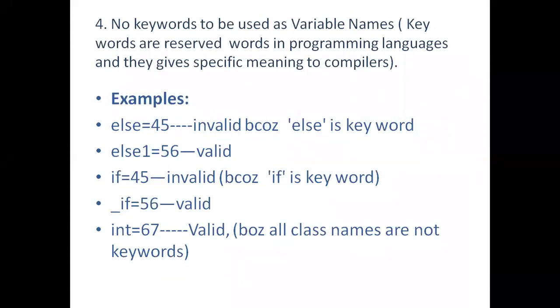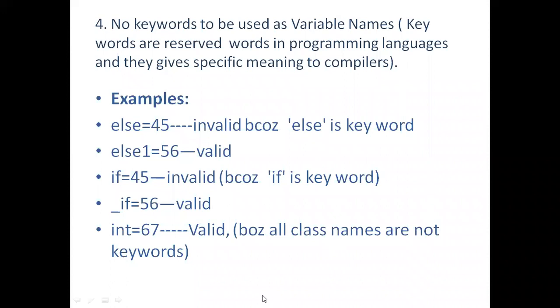Now, no keywords are to be used as variable names. No keywords like else and all. Keywords are reserved words in programming languages and they give a specific meaning to the compiler. That is why we can't use them. Let's go back to the examples again.